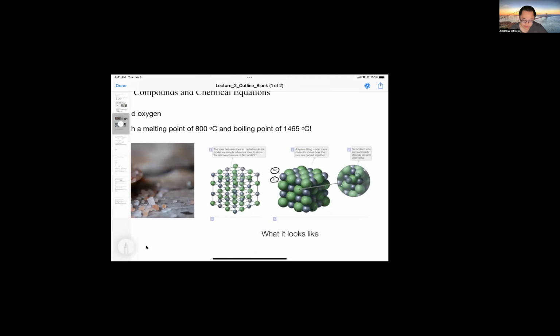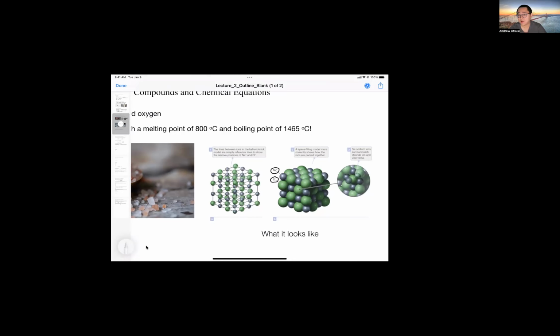See these materials here, it's very structured, right? It's like a pattern. You have a gray sphere, gray sphere, green sphere. See gray sphere, green, green. So it's very ordered. When something's ordered like that, that's a very crystalline solid.